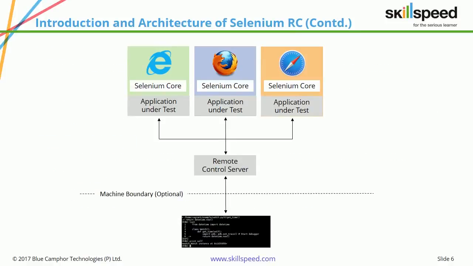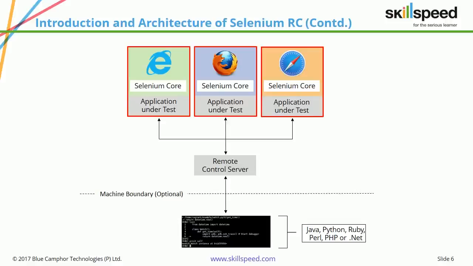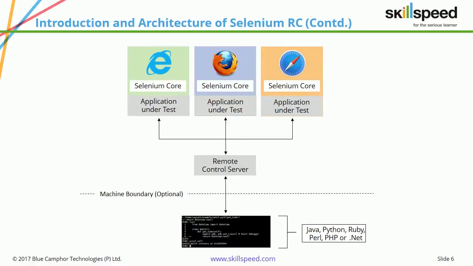Just take a look at the architecture diagram, where we are giving the Java, Python, Ruby, Perl, PHP or .NET commands, which are the client library commands that will be passed to the remote control server, which is the Selenium server, and the Selenium server communicates with the browsers through the Selenium core in the browser.